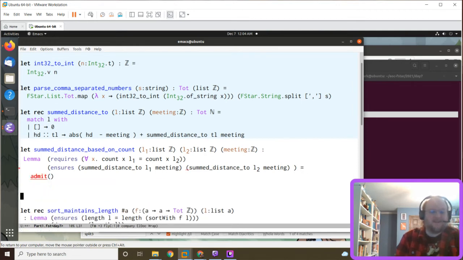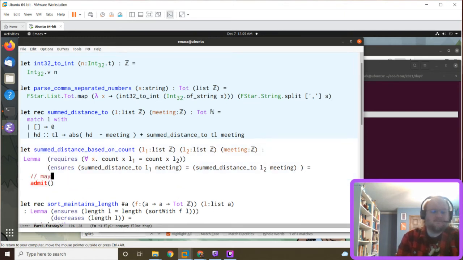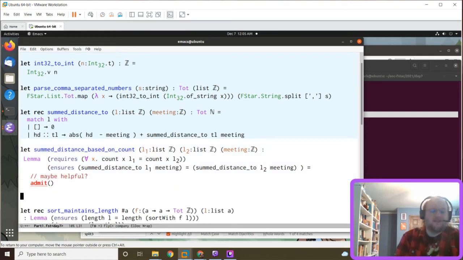Maybe that's helpful. I guess I had another idea. Sum distance. The other thing we can do is show what changing the meeting value by 1 does.